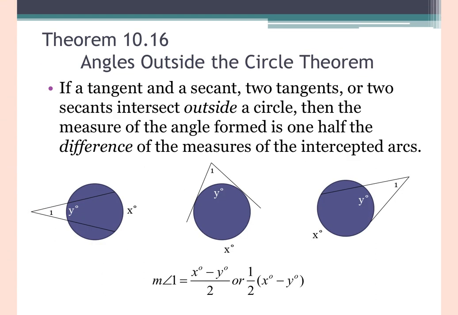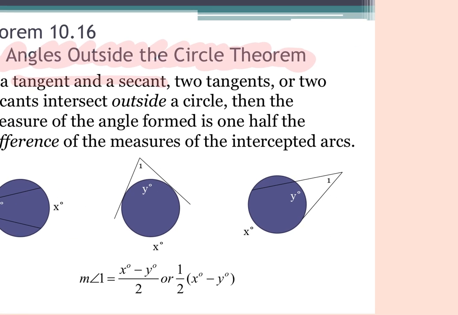All right. And the last one has 3 scenarios, but it is an angle outside the circle. There are 3 ways to form this angle: a tangent and a secant. So if I have a tangent and a secant, which would be this last one, this is a tangent, this is a secant.